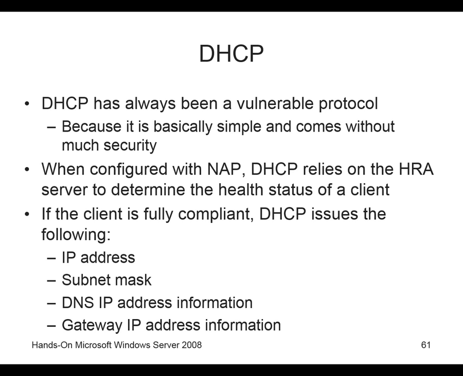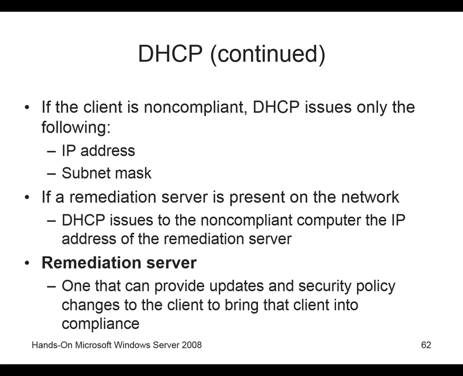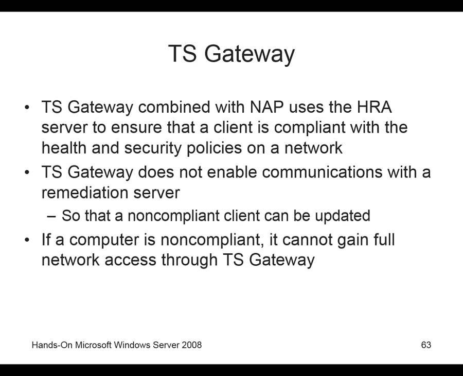DHCP, y'all did that last week. It's always been a vulnerable protocol because it comes out without security. If you ask for an IP address, I'm going to give you an IP address. Doesn't work, does it? But you can send it to a remediation server, and it'll fix those problems for you. Terminal Service Gateway is combined with NAP when it uses the HRA to ensure that the client is compliant with the health and security policies of the network.